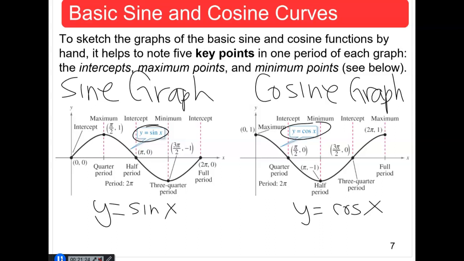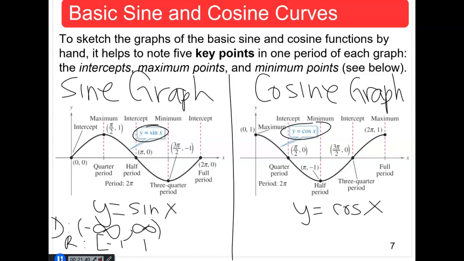For both graphs, both functions, we are going to have the same inputs. So the domain is all real numbers for both of them. And the range is from -1 to 1, and all the numbers in between, which are fractions. Same for both graphs.